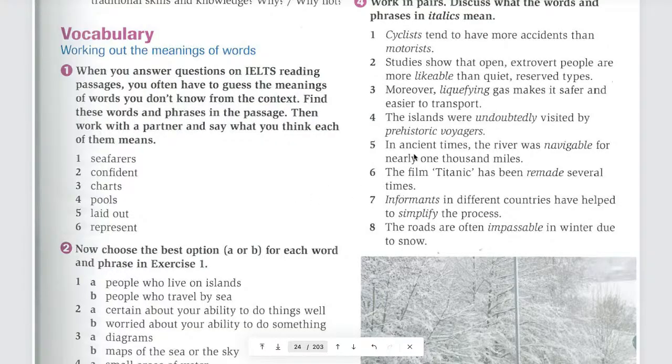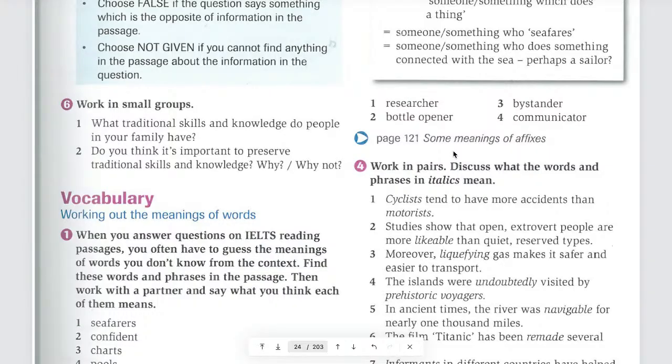Where is confident? I can't find it. Guys, help him to find confident.